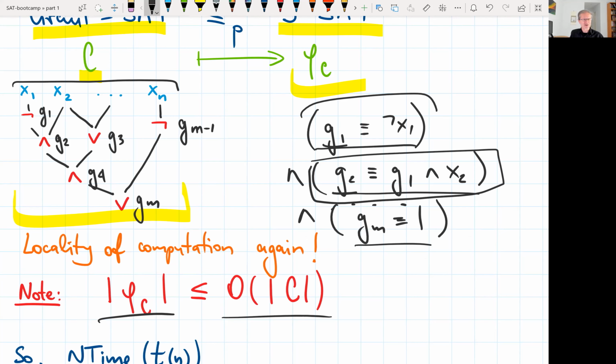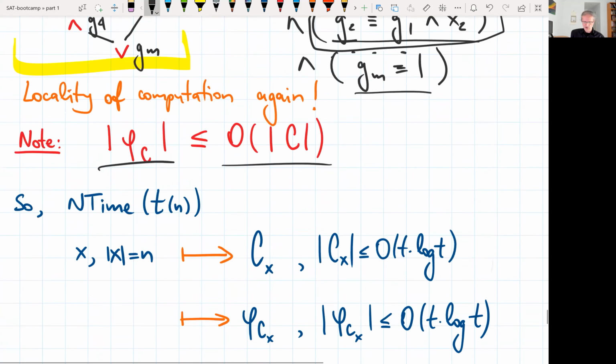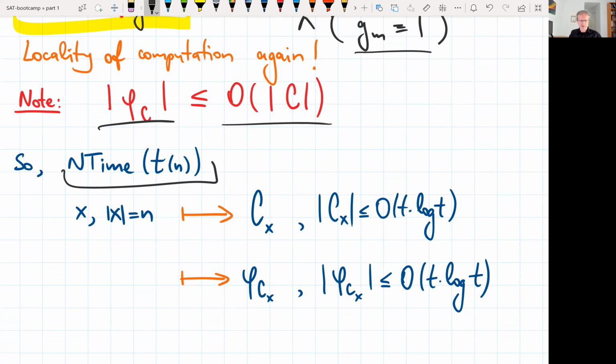The circuit was T log T, as you remember, when we did the translations from Turing machine computation of complexity T to a circuit, and now we transform that circuit into a CNF, a 3CNF of the same size, and that's how you get finally the conclusion that given a time T of n computation, you can get a 3CNF of size at most T log T, which is satisfiable if and only if input x of length n is in the language.